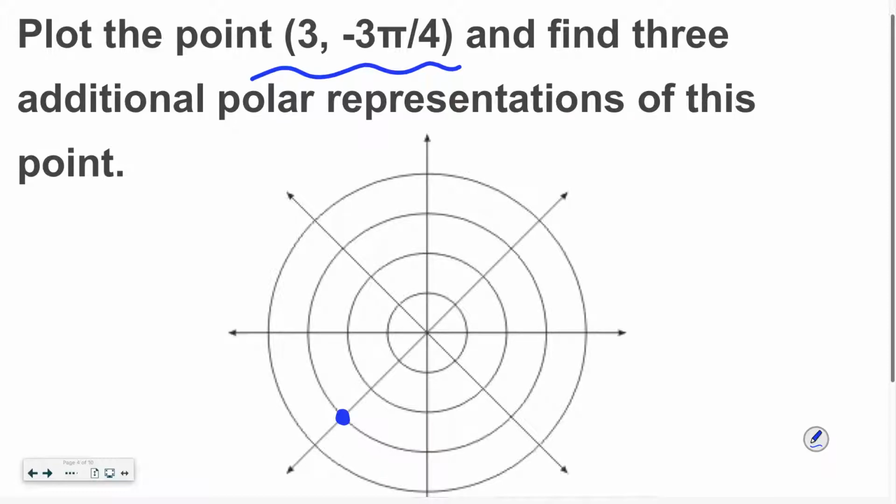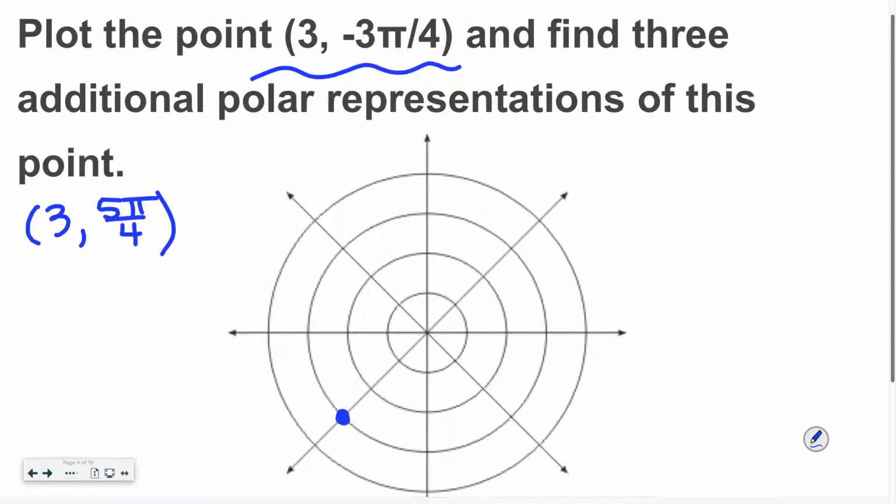What's another way we could describe that coordinate? We could call this 3, 5 pi over 4. We could rotate to 5 pi over 4 and then walk out 3.